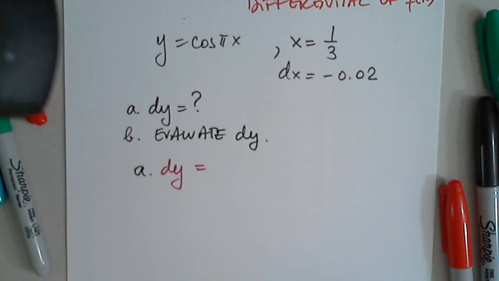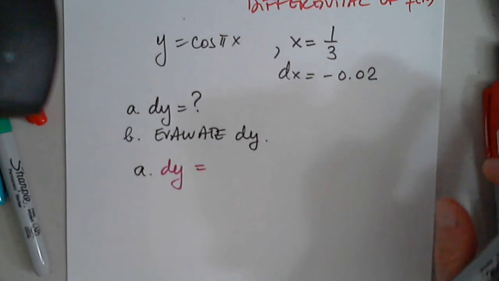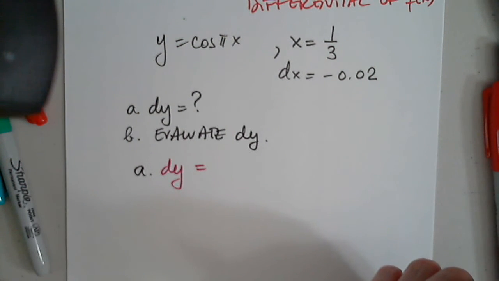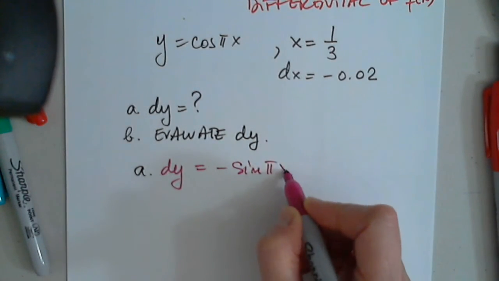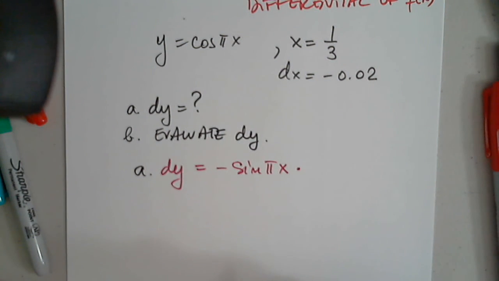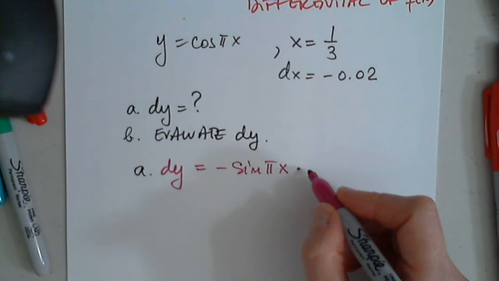Kaylan, will you tell us how to write dy? Is it going to be something like negative sine? Yes, and then the chain rule.